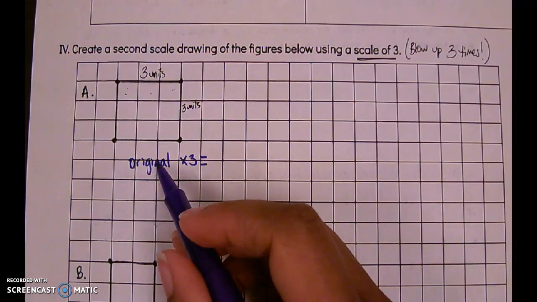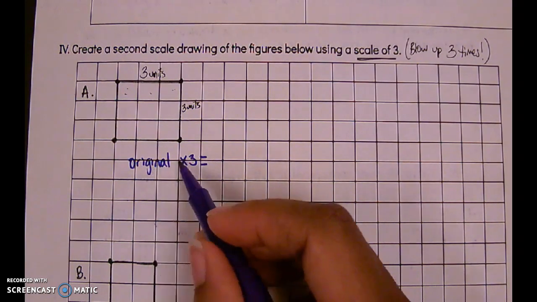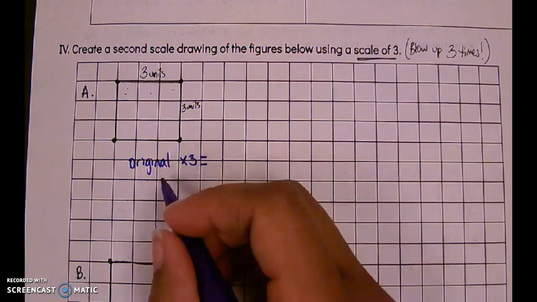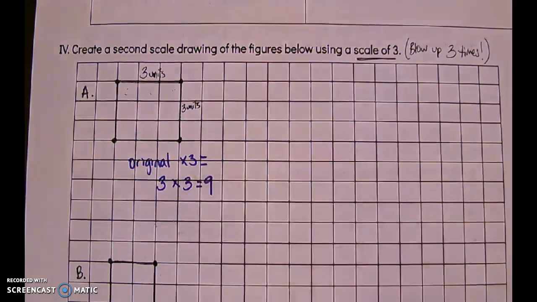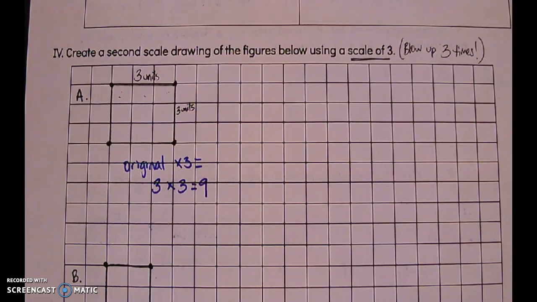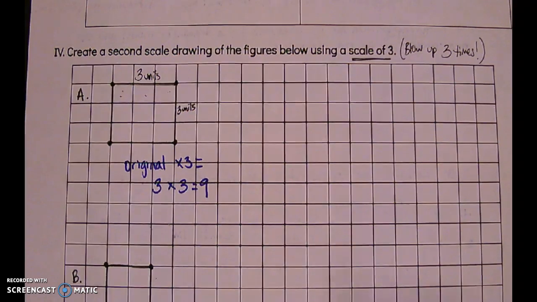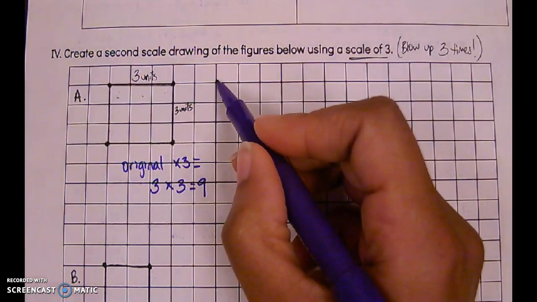So if I identify that my original, I'm going to have to multiply or blow up times 3, then I know that 3 times 3 equals 9. Okay? So what that means is now that I'm getting ready to draw my second picture, the length needs to be 9 units.